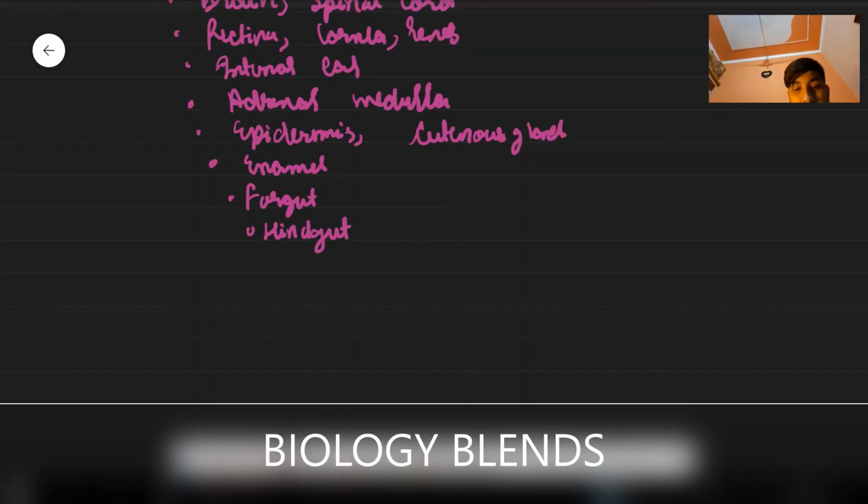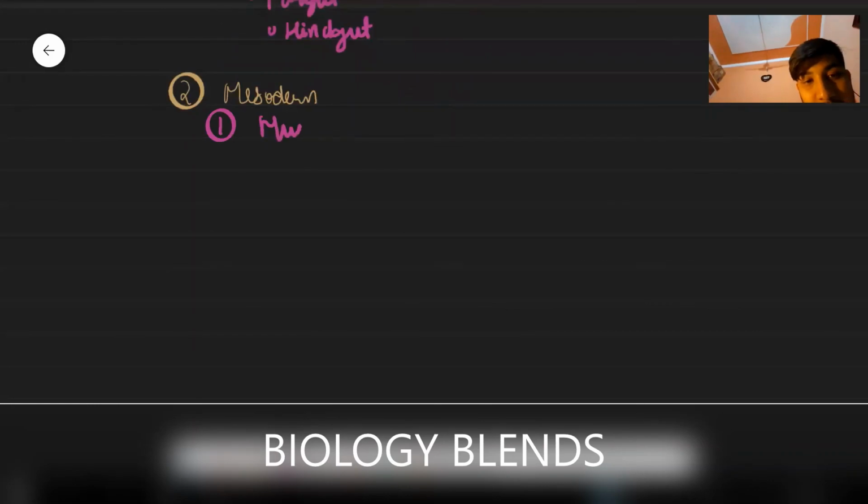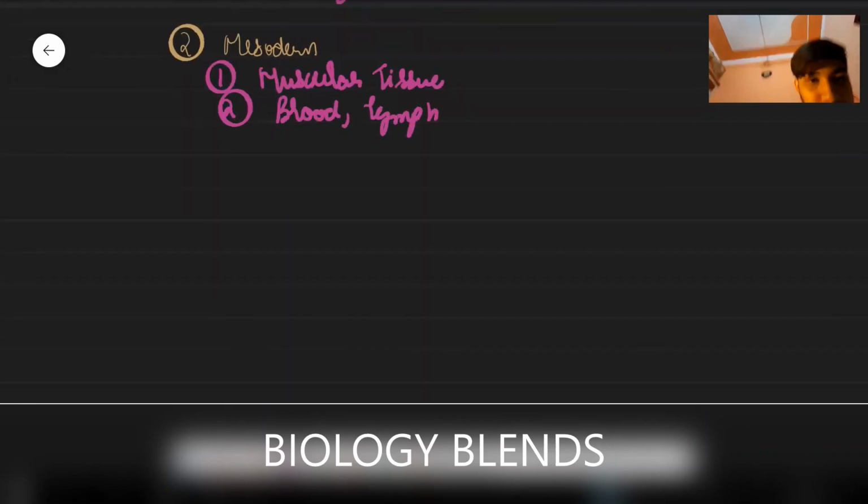Structures formed from the mesoderm, among the three germ layers: first is the muscular tissue. All the muscles are formed by the mesoderm. Second is the blood, lymph. Third is the heart, blood vessels.